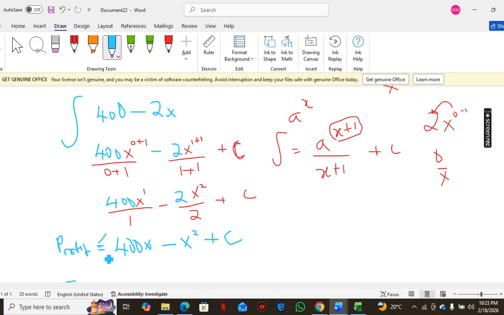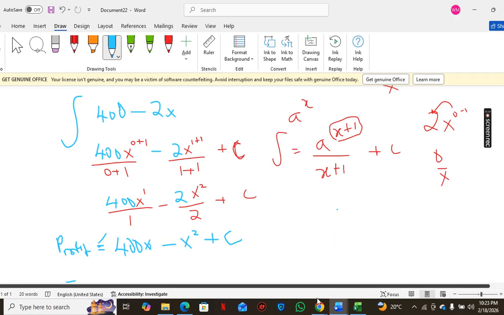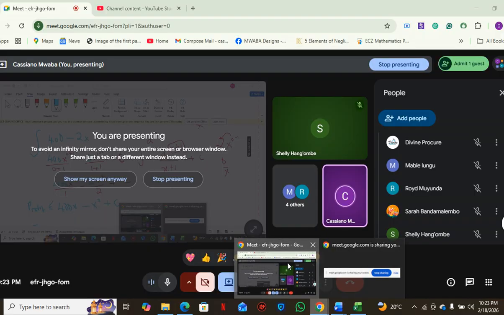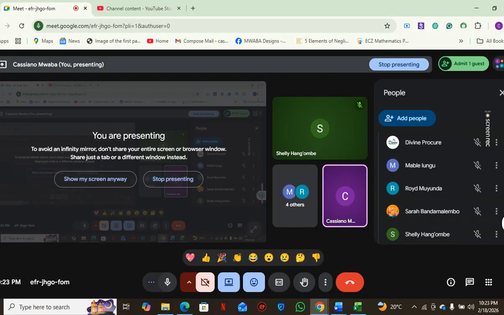This is the profit function. And if you're asked to derive the profit function, you say 400x to the power 1. Let me just show you that it comes back to the marginal profit function.